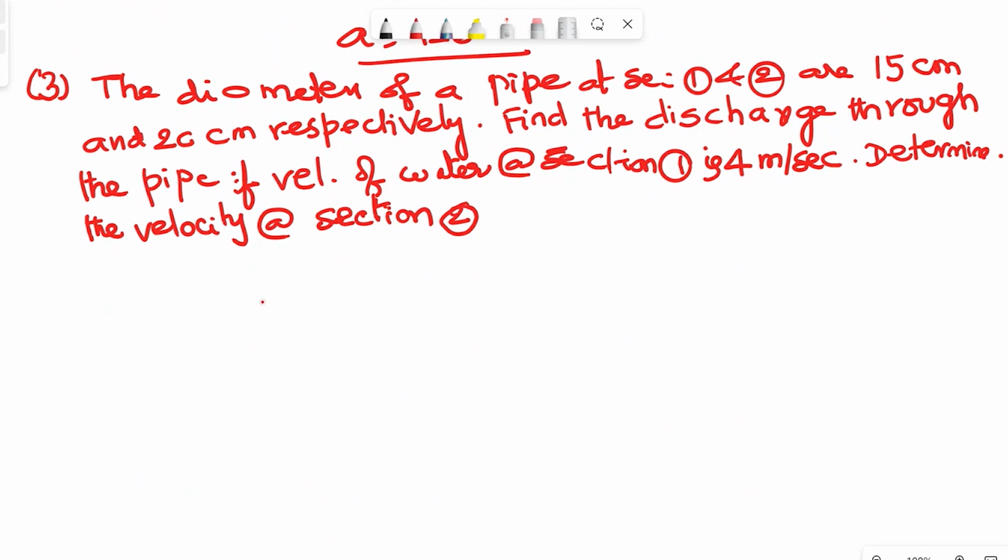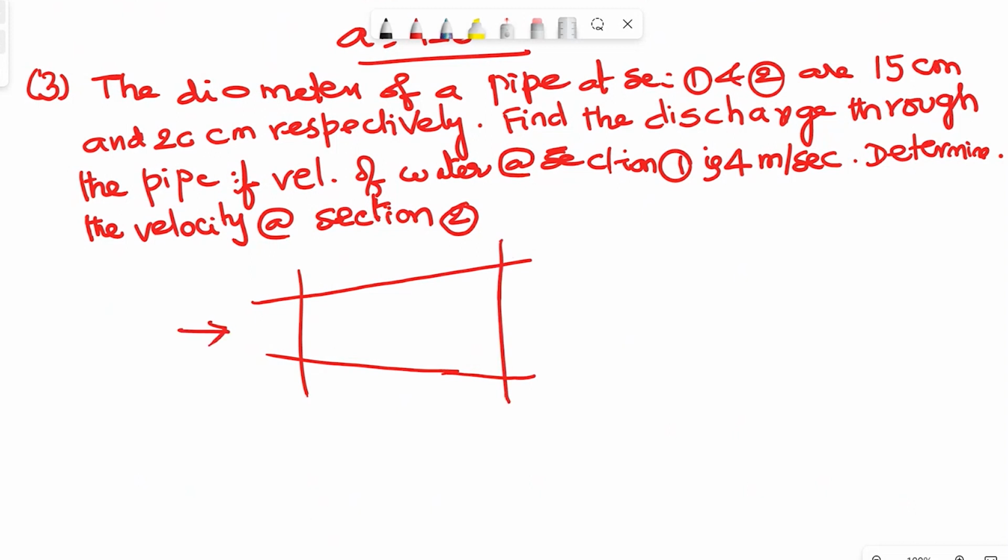So the pipe diameter is such that this is section 1, this is section 2. This is how the flow takes place. Section 1, section 2, right? So this is D1, this is D2.